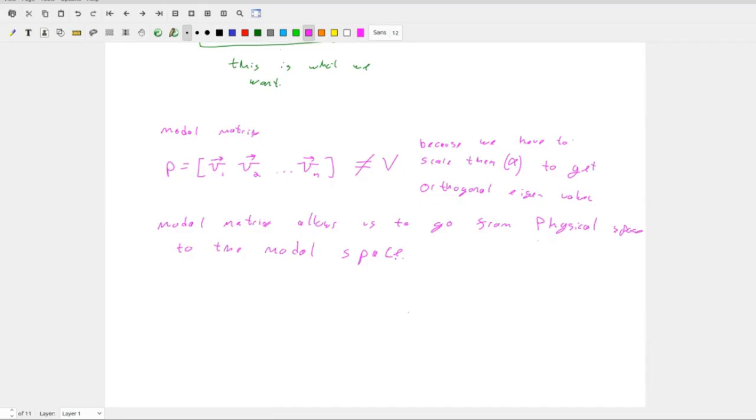So that gets super exciting because you can just write that as x vector of t, right? Again, this is going to be all of our degrees of freedom, is equal to our modal matrix times our Q vector as a function of t. And what's our Q vector going to be?